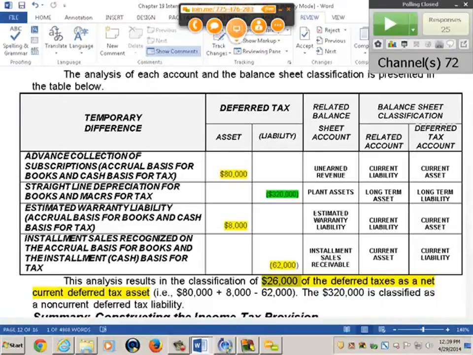Then you have a DTL on your non-current liabilities. You have the DTL, and that's going to be for 320. So the balance sheet presentation would show a net DTA of 26 and a deferred tax liability of 320.